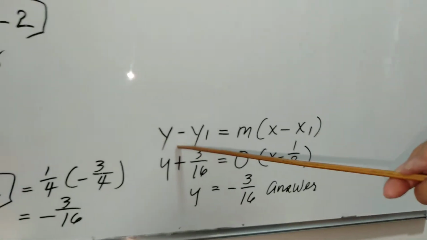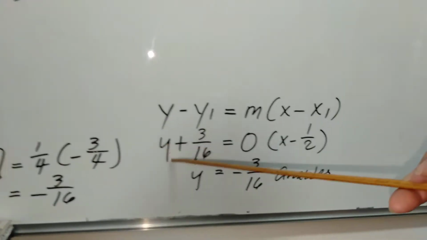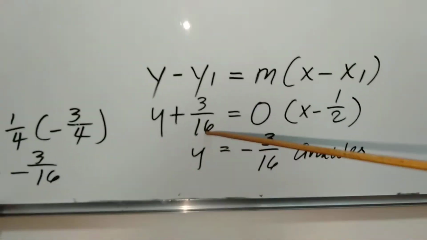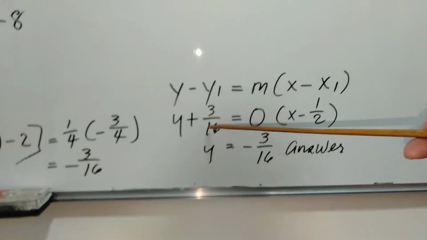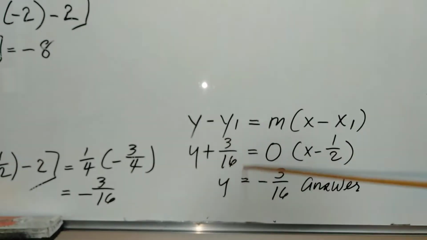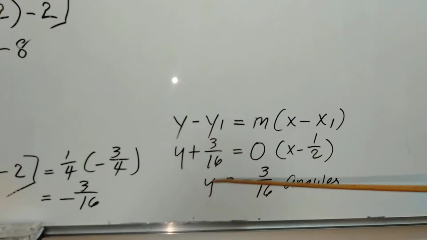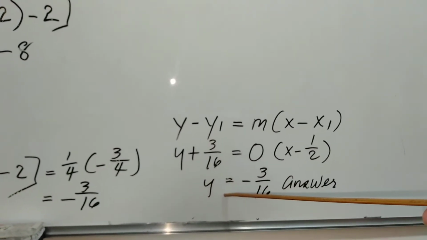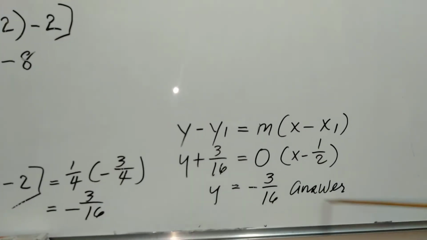So y minus negative 3/16 will be equal to y plus positive 3/16. Since all of this is equal to 0, y will be equal to negative 3/16. So this will be our answer.